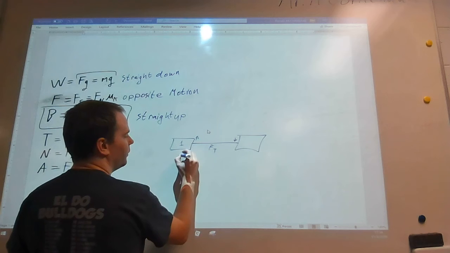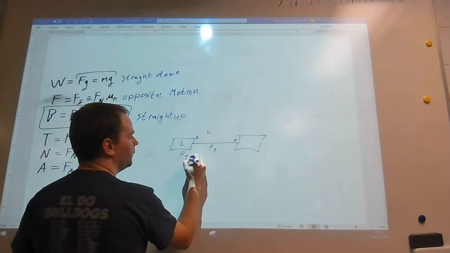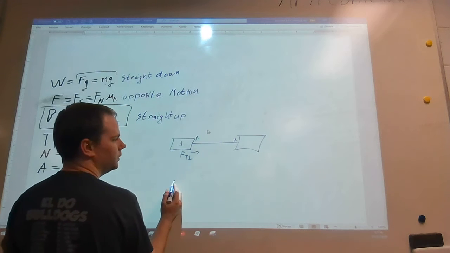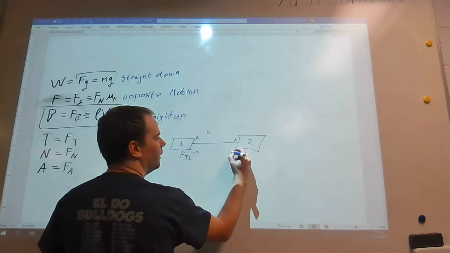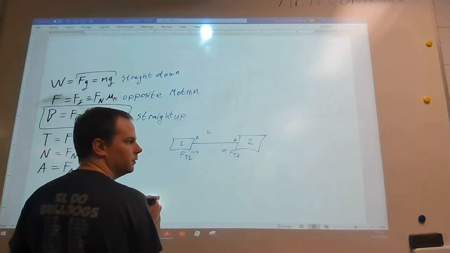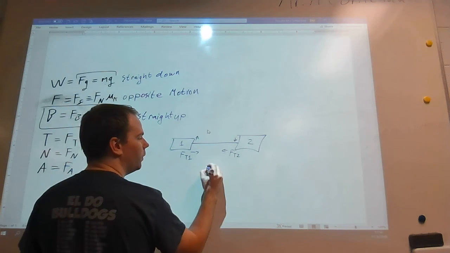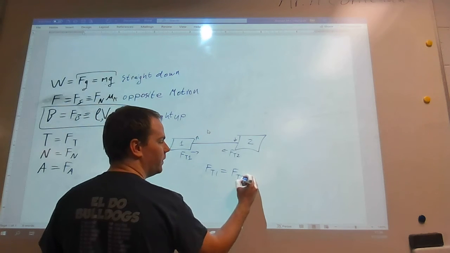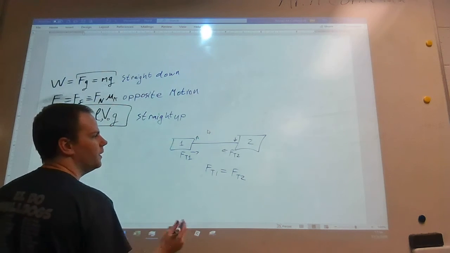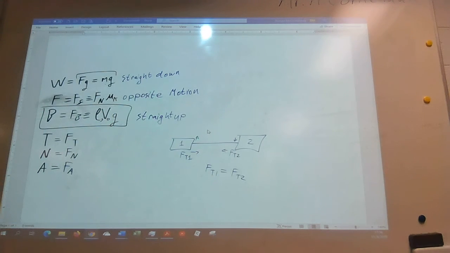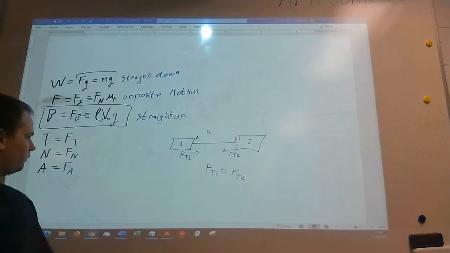So here we would say that Ft1 is acting in that direction, and here we would say that Ft2 is acting in this direction. But Ft1 has to be equal to Ft2. And this will become more apparent as we do some more practice problems later on.